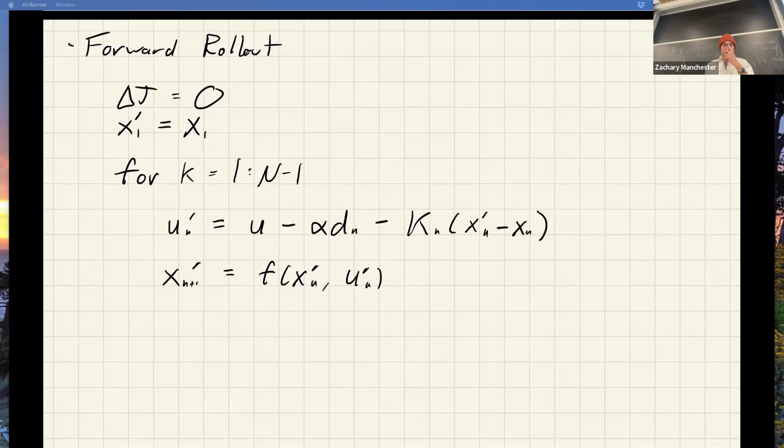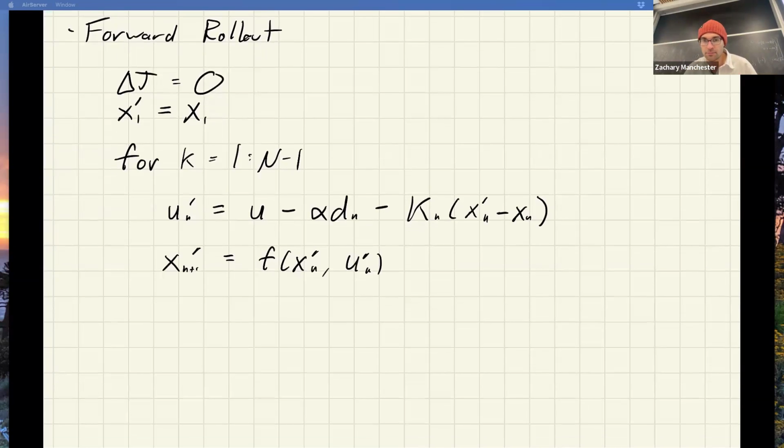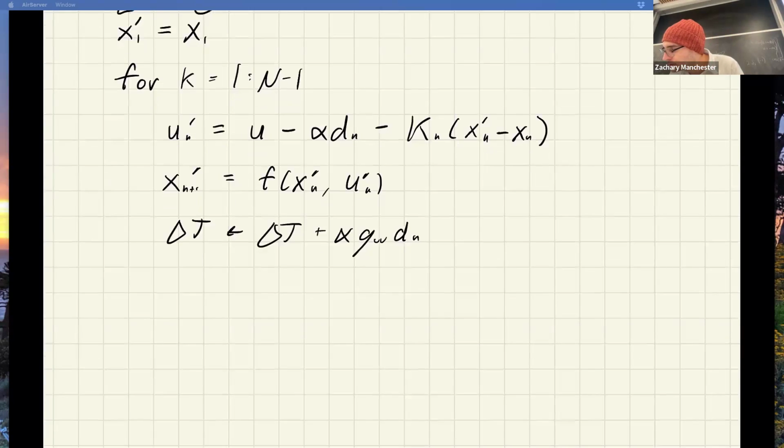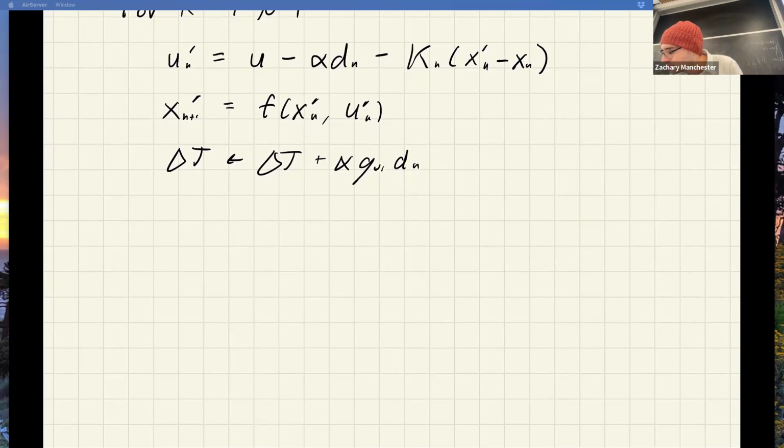And then we're also going to calculate the expected change in the cost, which looks like this. Okay, so what this is: that GU is the gradient of the cost to go, evaluated at that time step.